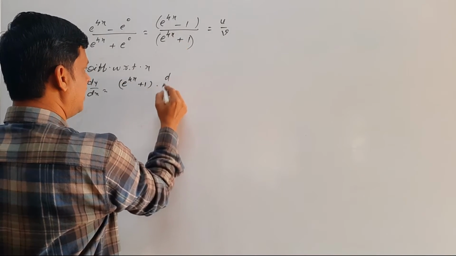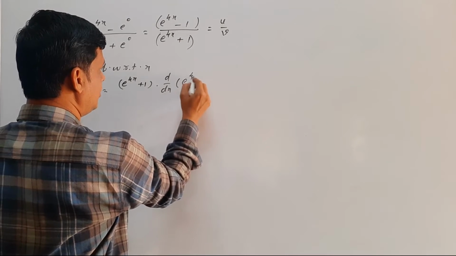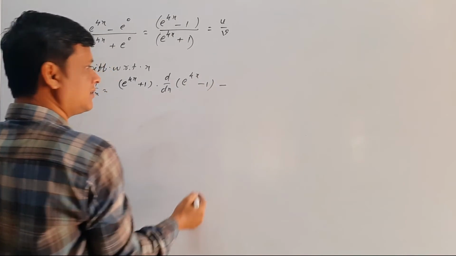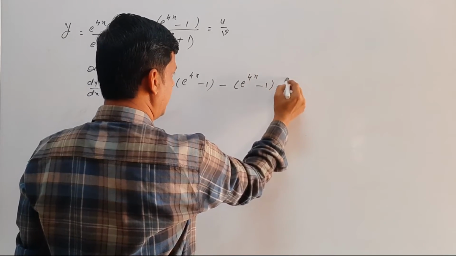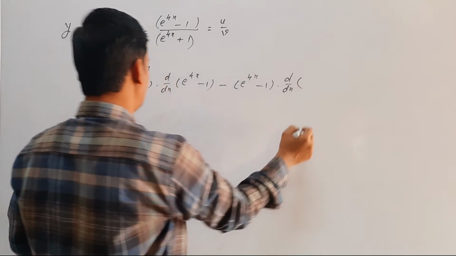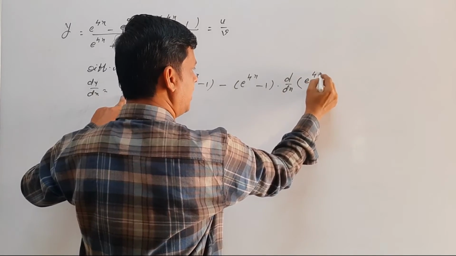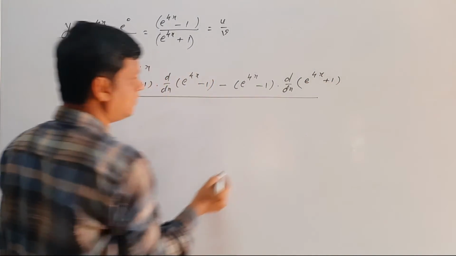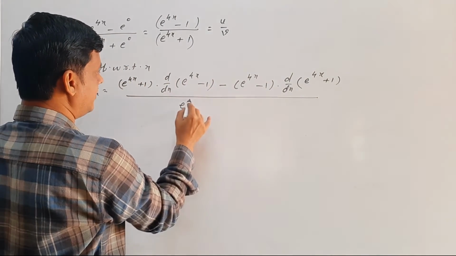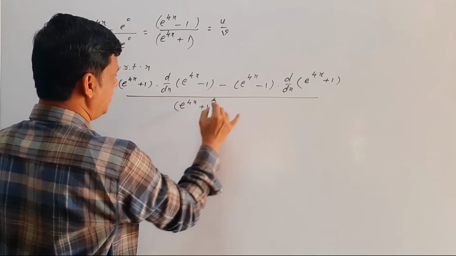So we have to find the derivative of e^(4x) - 1, minus u, that is e^(4x) - 1, into the derivative of v, that is the derivative of e^(4x) + 1, upon v squared, that is the square of e^(4x) + 1.